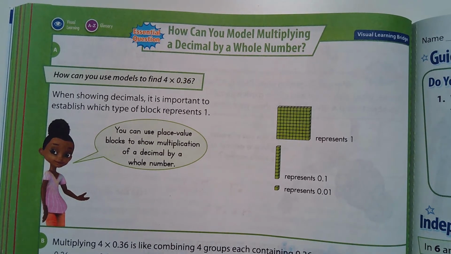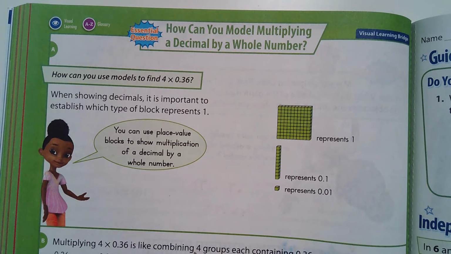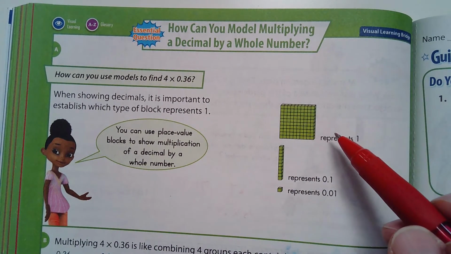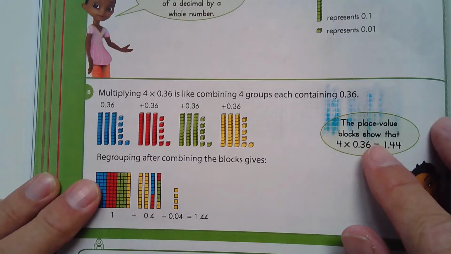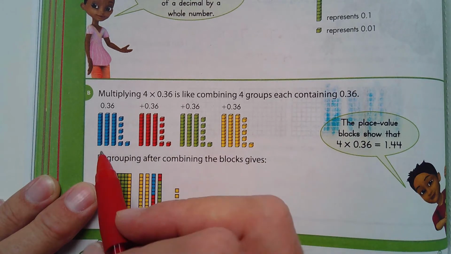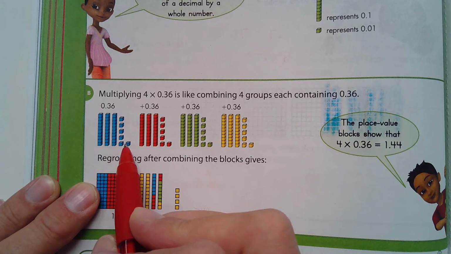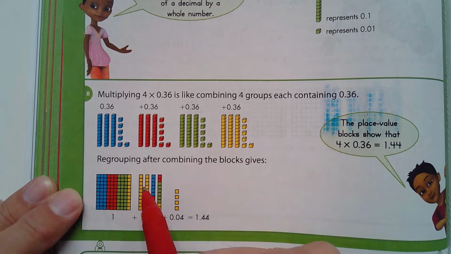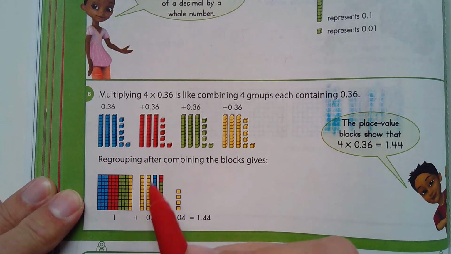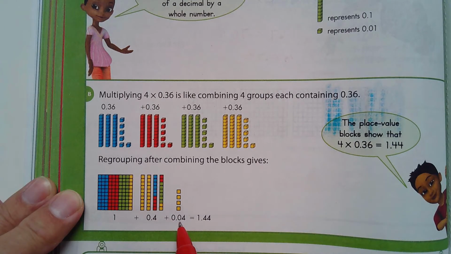Okay, how can I use models to find 4 times 0.36? And so they give you an example here. Down below, multiplying 4 times 0.36, so here's 3 and then 6 more of these blocks, and we're adding those together, and then they just add the colors together, and you end up with 1 and then 0.4, and this represents the 100ths place.